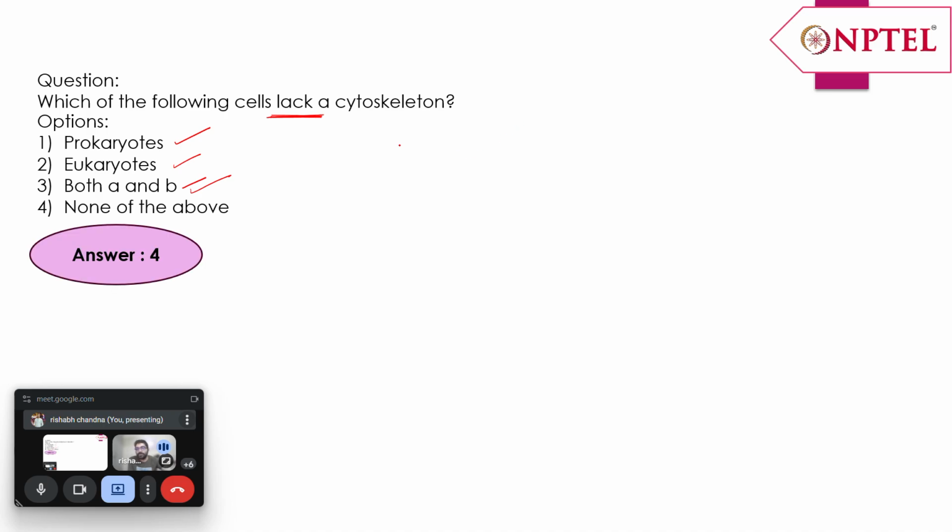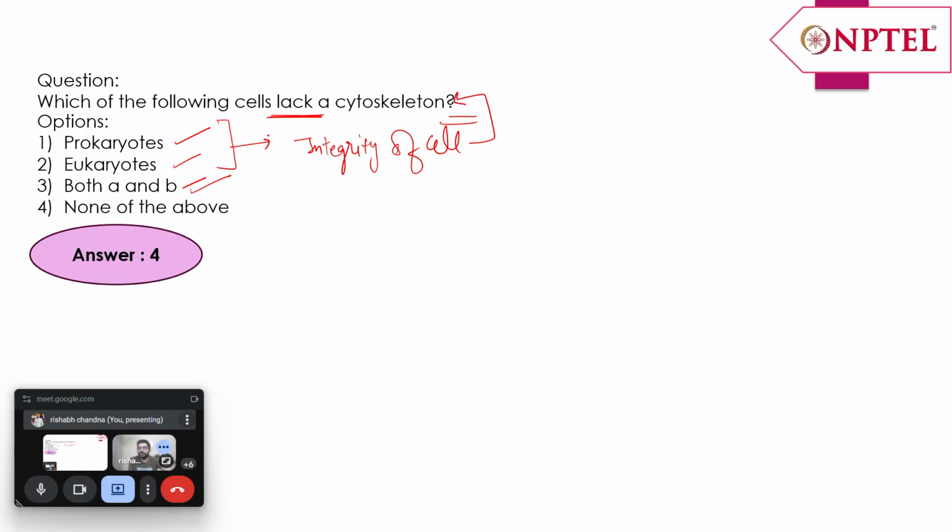Both the cells, either prokaryote or eukaryote, will have a cytoskeleton. To maintain the integrity of the cell, a cytoskeleton is needed, right?